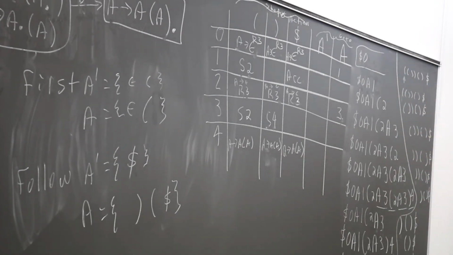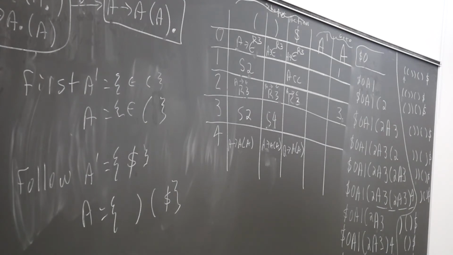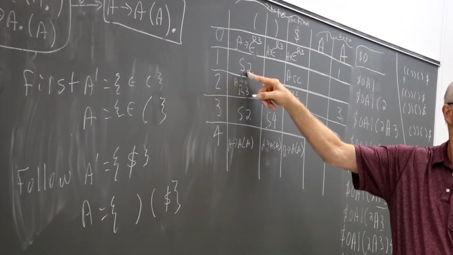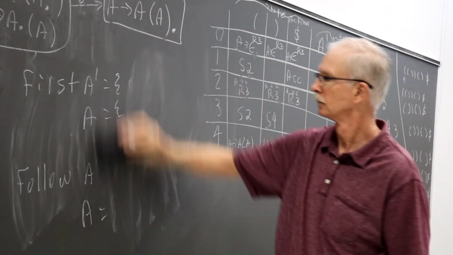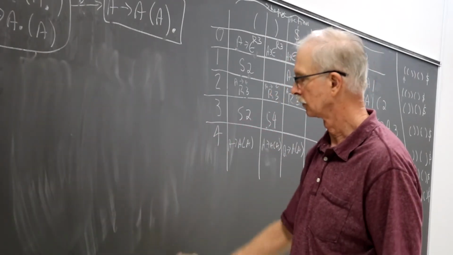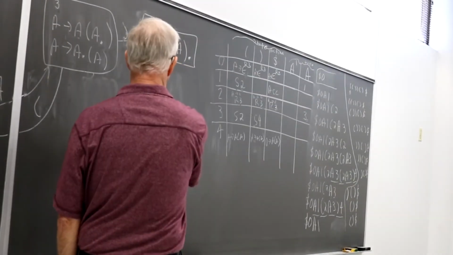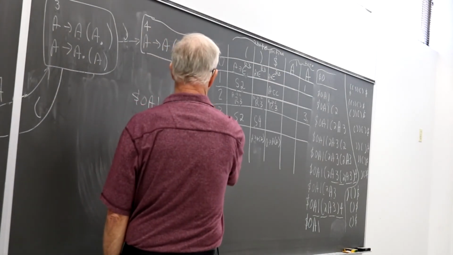Dividing input from stack. 0A says I'm in state 1. 1 left paren says shift 2. So shift. $0 A1 shift 2 paren dollar.